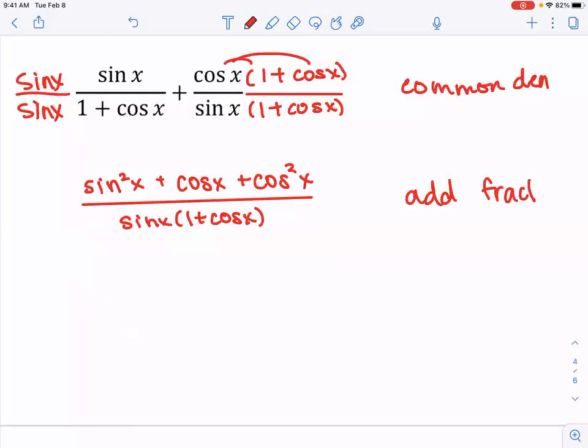So I made a common denominator and then I added our fractions. Do you notice how my common denominator I kept factored out? Okay. Now, what's something that you notice? What is sine squared plus cosine squared?